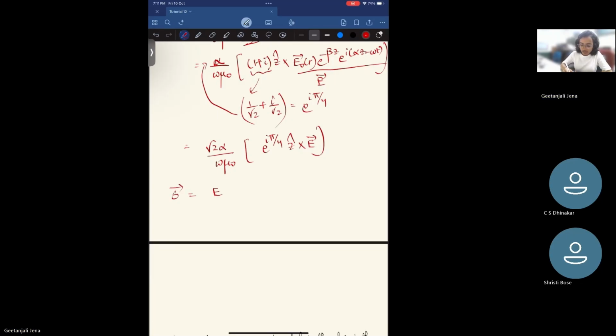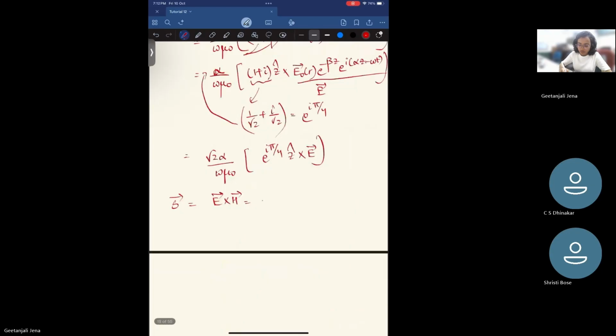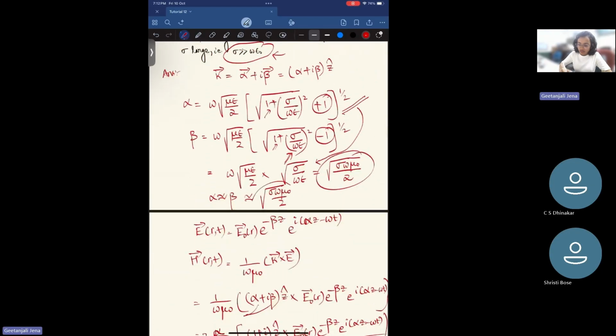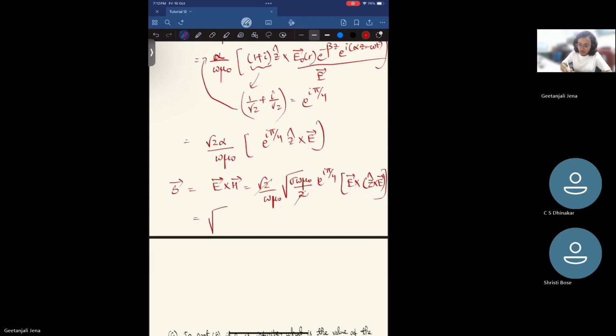Now S is E cross H, which will be... the value of alpha is square root of sigma omega mu naught by root 2, e to the power i pi by 4, E cross Z plus E. This is the vector identity.